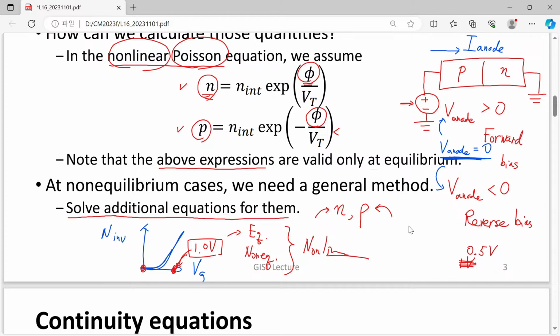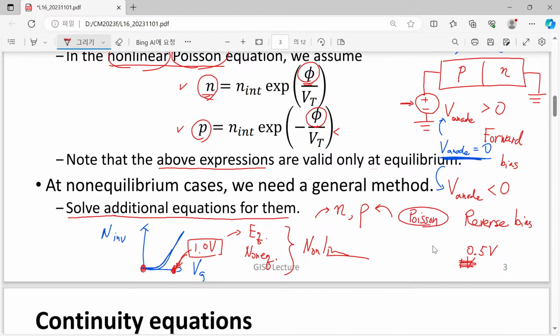So you can now expect your set of equations will look like this. One equation called the Poisson equation, another equation, I don't know what it is right now, for electron density, and finally another equation for hole density.